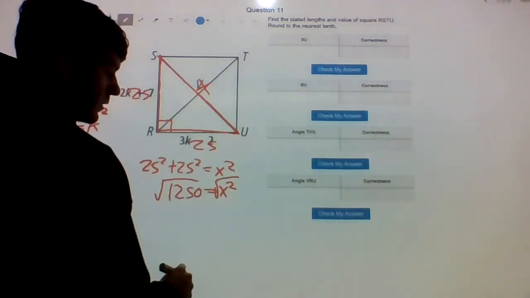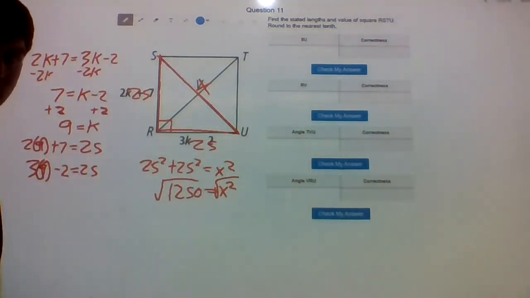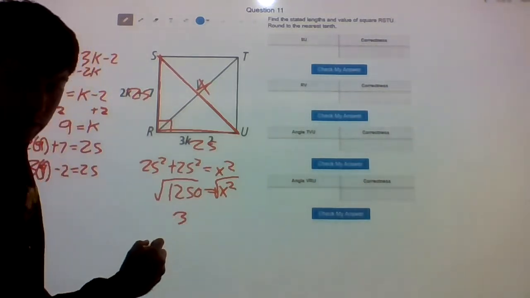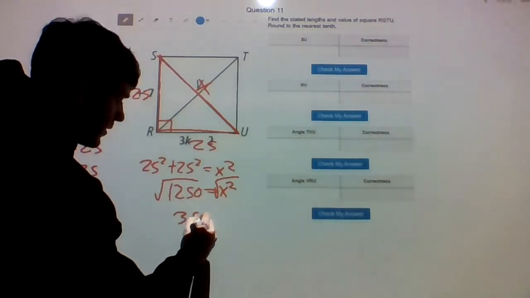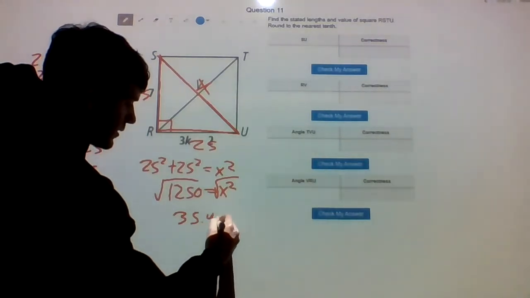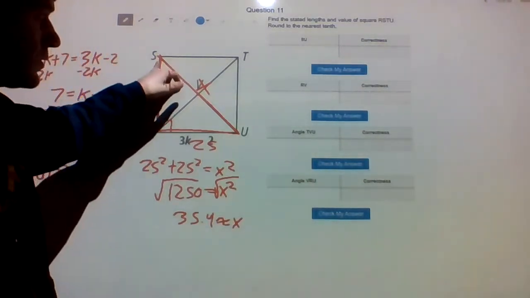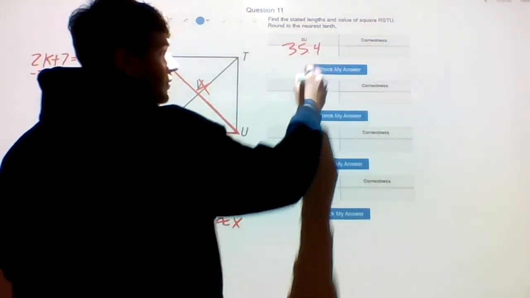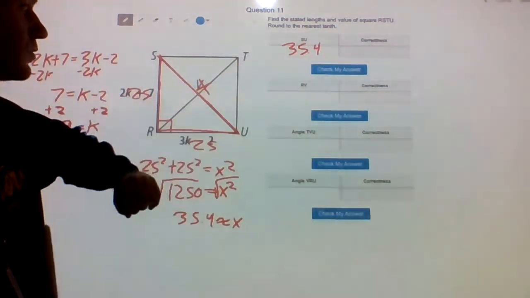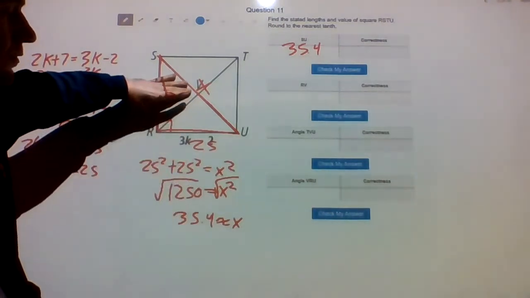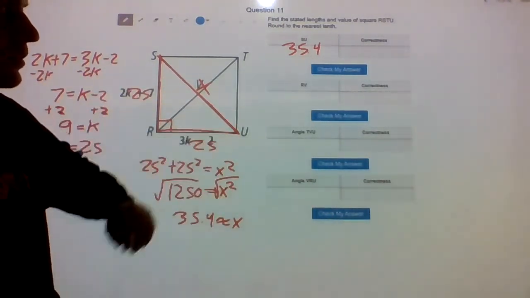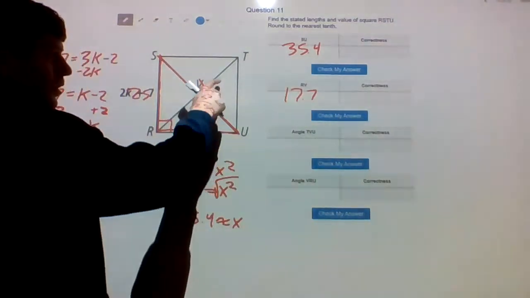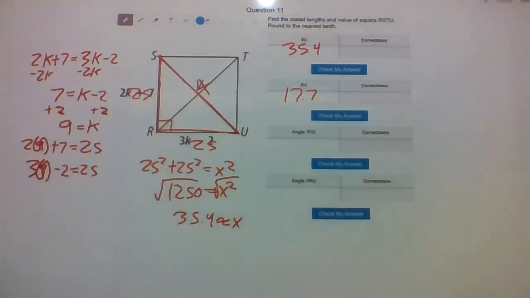We have a square, so to get rid of the square, we do the inverse, which is square root. And so x is approximately 35.4. So SU is about 35.4. That means our other diagonal is also 35.4. So RV is going to be half of that. Half of 35.4 is 17.7. So each small piece here is going to be 17.7.